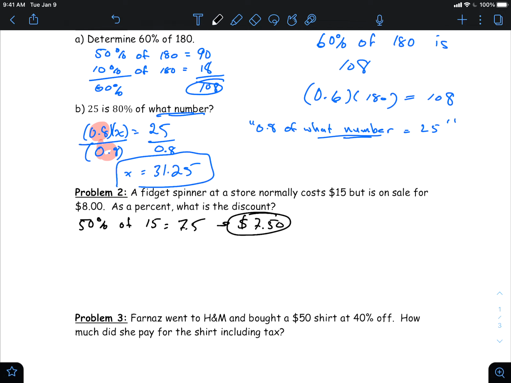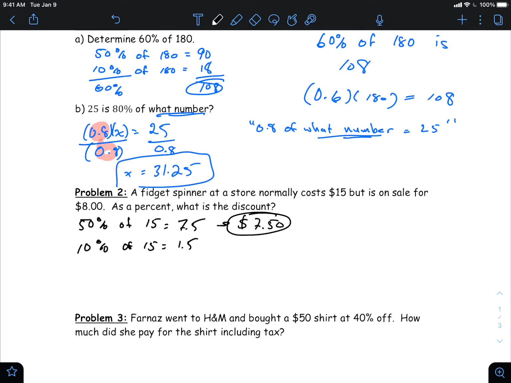Okay, what about 10%? Is that going to be too much? 10% of 15, what's that? It'd be 1.5. So I'm not going to add $1.50 to this, right? But I could go, okay, well, let's cut that in half.